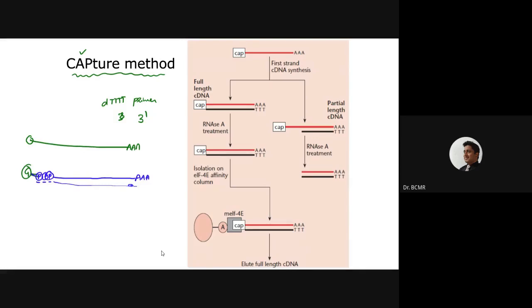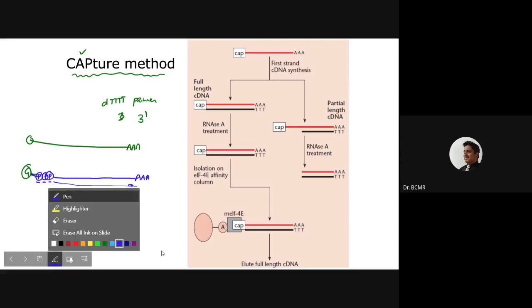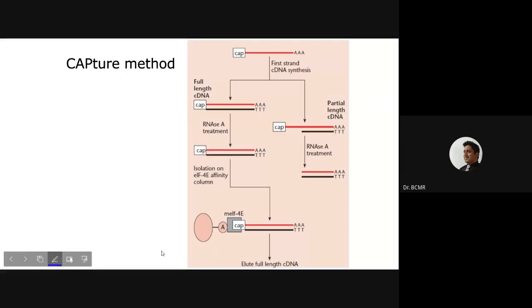So for the first cDNA strand, assume that there are two copies. I have a full length and I have a truncated one. This would have been the full length 5' to 3'. On the 3' you have the poly A tail.